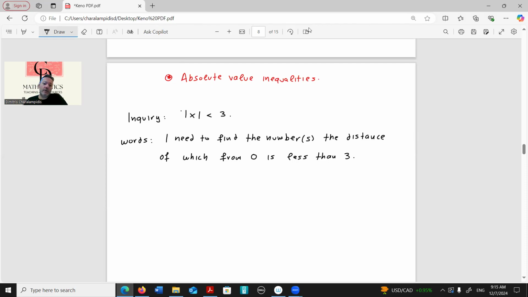Let me do a number line which might assist me on that. 0 is somewhere in the middle. And since we care about the distance being compared to 3, let's see when a distance is equal to 3. Obviously, it's here, if this is 3, and here, if this is negative 3.